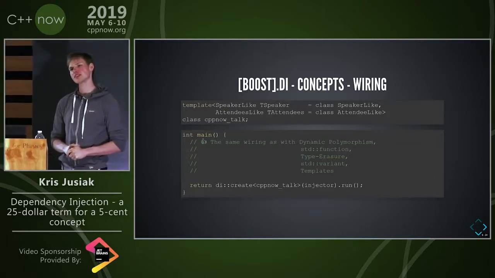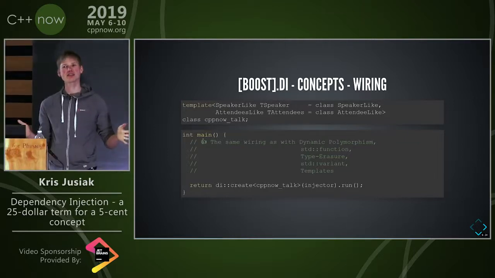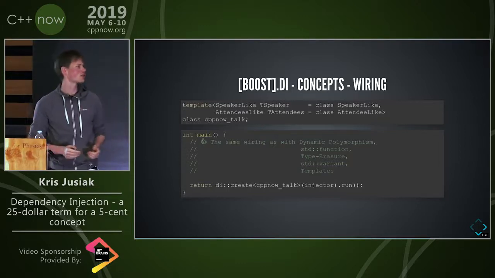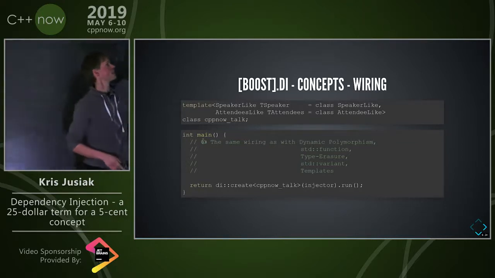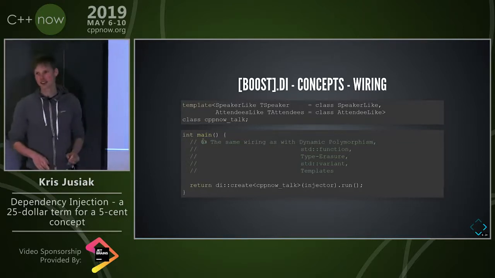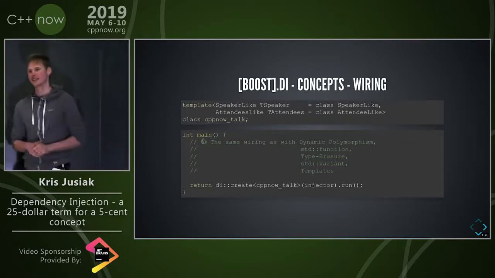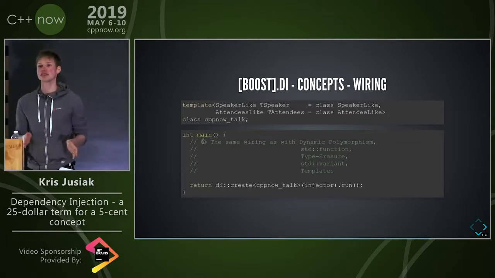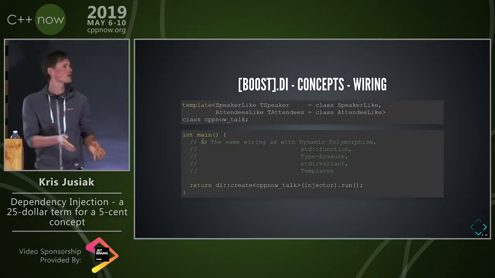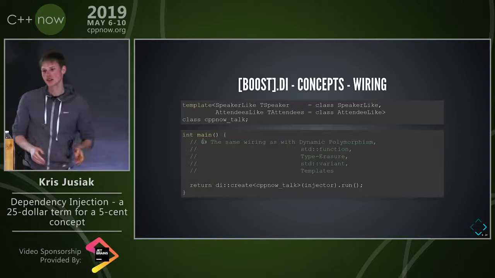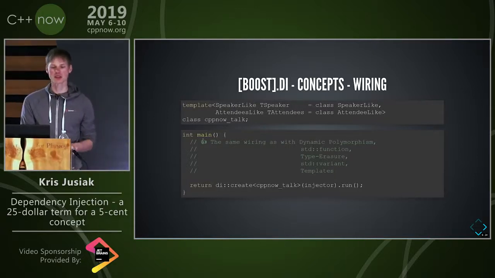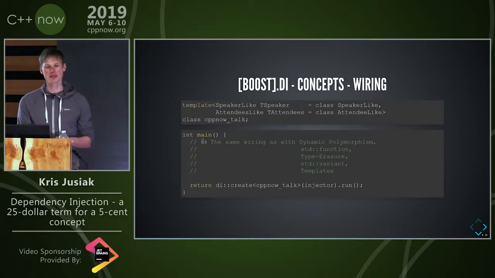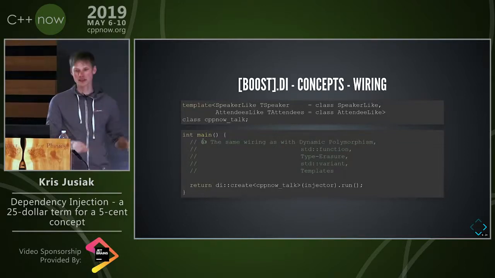Is a forward declaration and a concept a problem? I don't know. Let's assume that this guy is called something else. But that doesn't really matter, because from the wiring perspective, we still wire it the same way. Sorry about that, and that's a really valid point. I think it will collide and it won't compile, but the idea behind it is still the same.